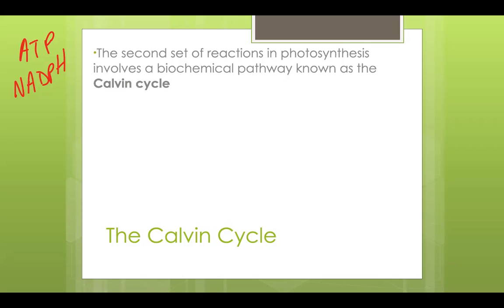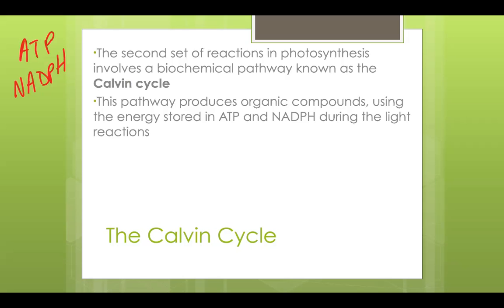So the second half of photosynthesis is the Calvin cycle. This is where we're going to produce organic compounds using the energy that is stored in those two compounds, ATP and NADPH. And remember what I said before about how in order to make ATP, you need ADP and a phosphate.